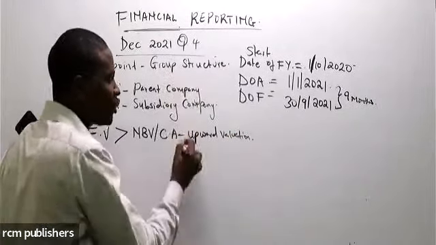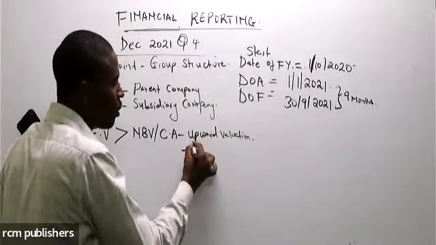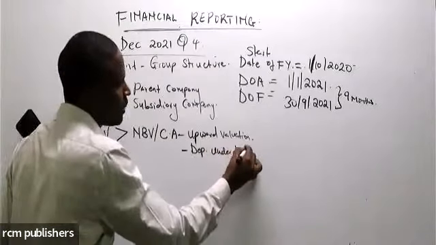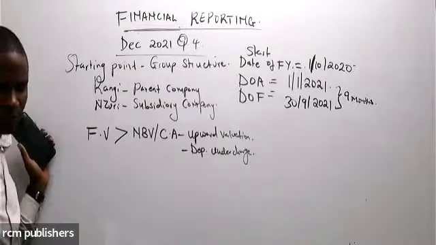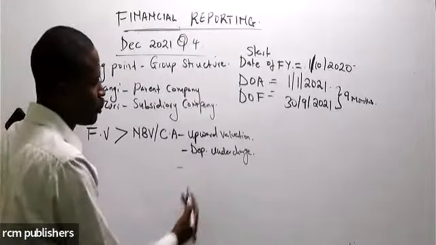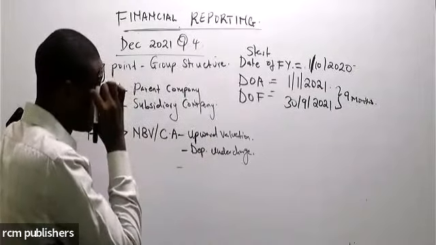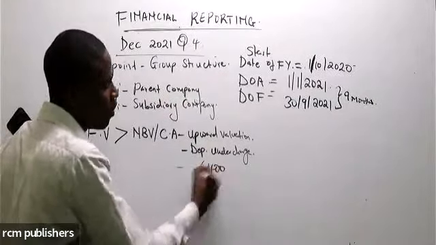This will lead to depreciation under charge. And how do we get depreciation under charge? You get the revalued amount, which is 6,400.